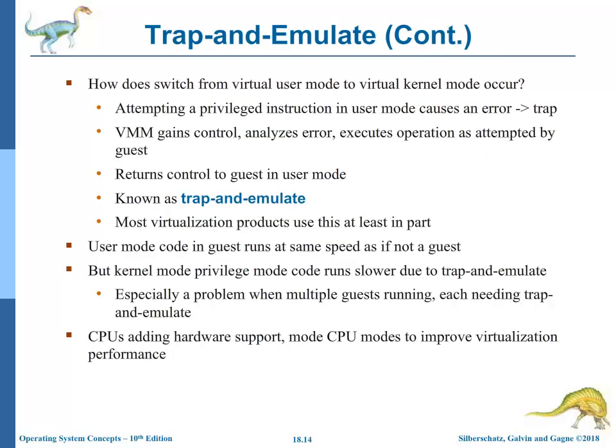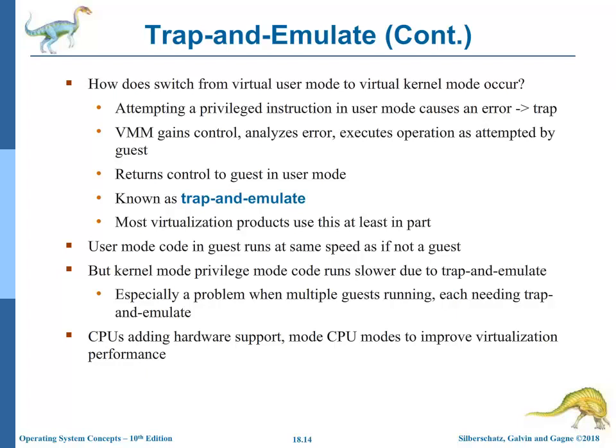Attempting a privileged instruction when in user mode causes an error to occur, thus leading to a trap state. After this, the Virtual Machine Manager gets control, analyzes the error, executes the operation as attempted by the guest, and then returns control back to the guest in user mode.